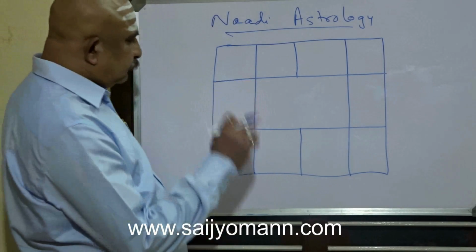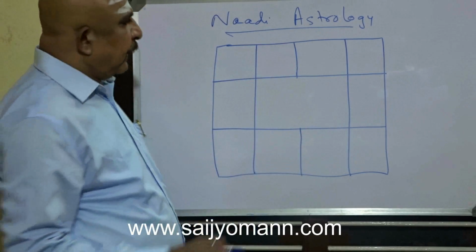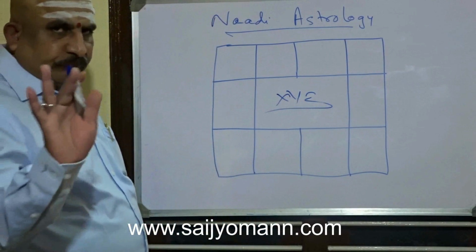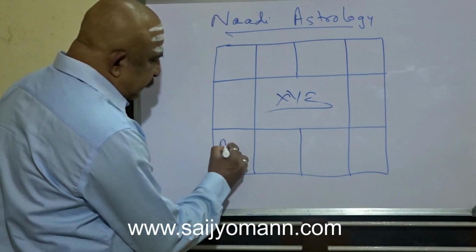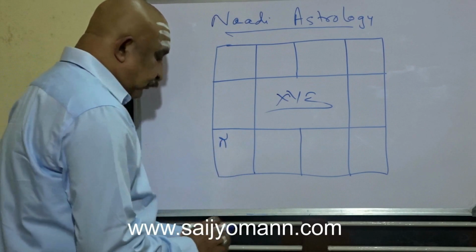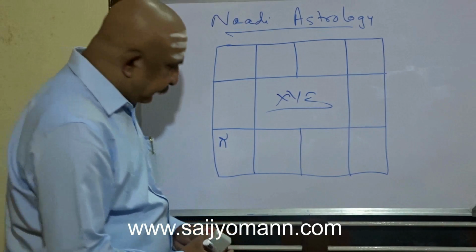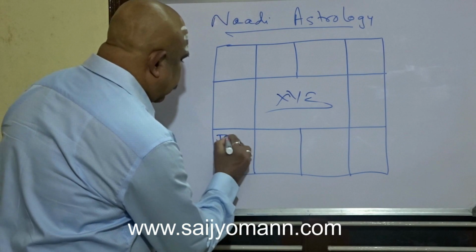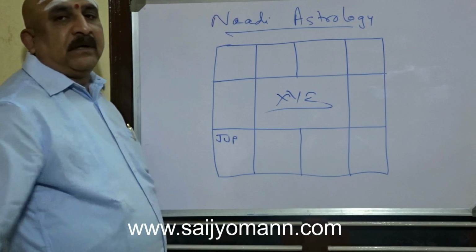Now this is some date of birth, some X, Y, Z date of birth. Let us assume. Oh, I am writing it in my language. Sorry. This is Jupiter.